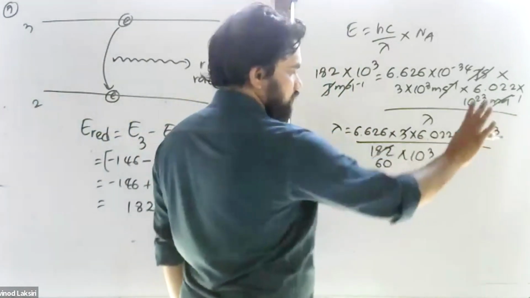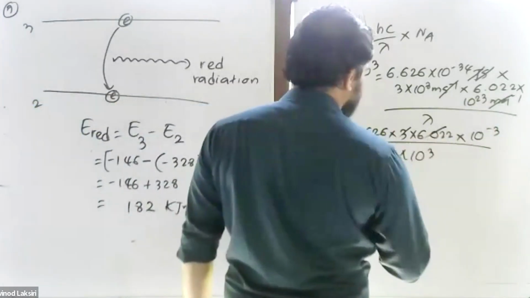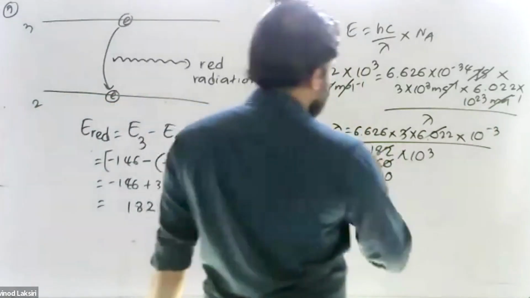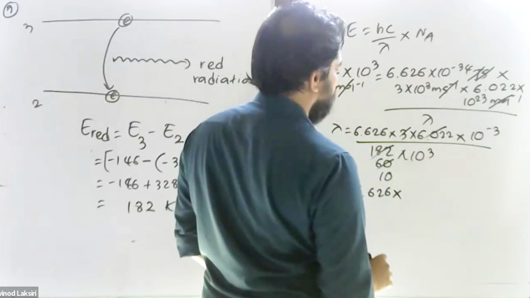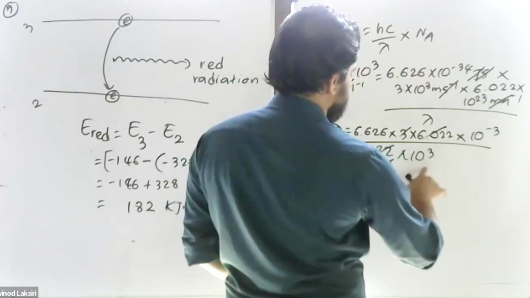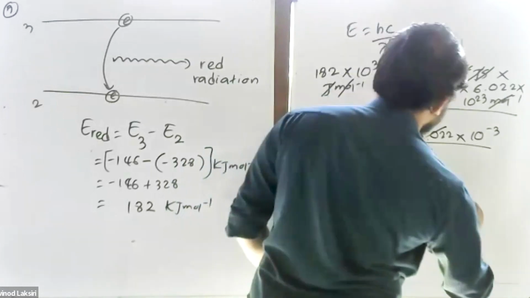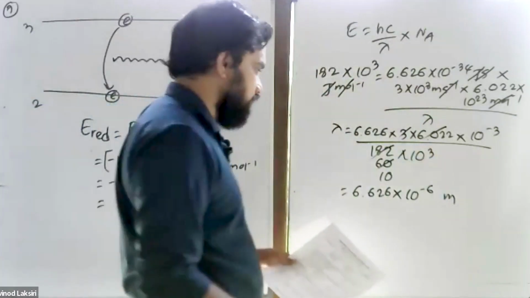Then 6.022 I will consider as 6. Therefore, we can cancel, roughly 10. Then 6.626, with powers minus 3 and plus 3, that means minus 6 meter. This is a rough answer, not the 100% correct answer.